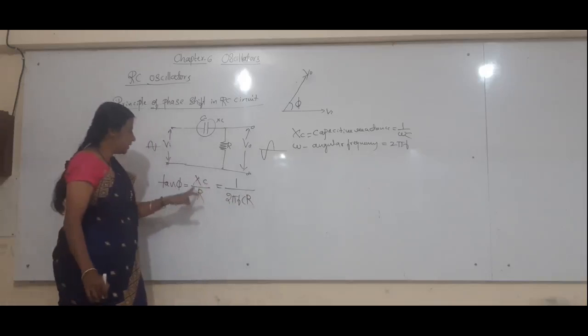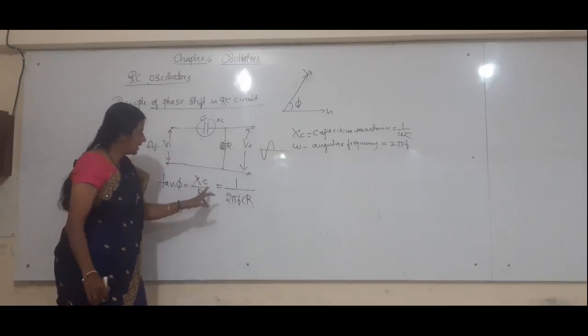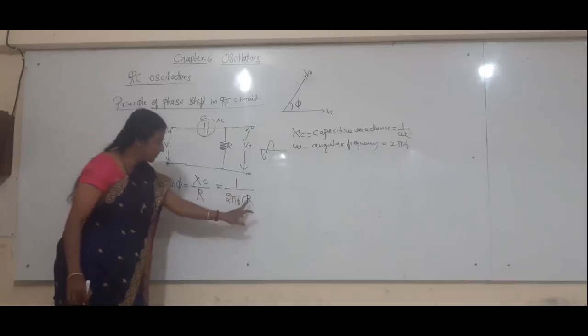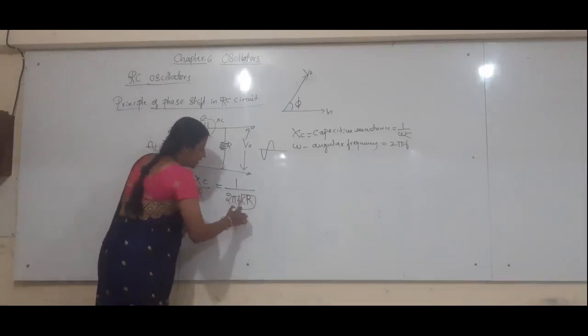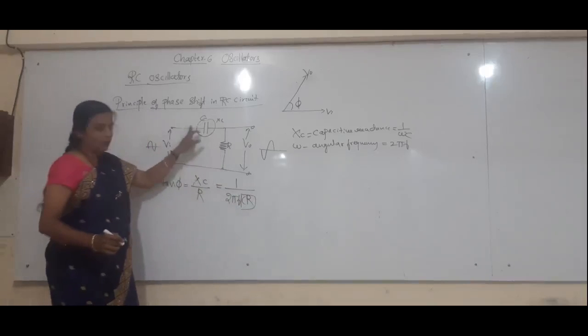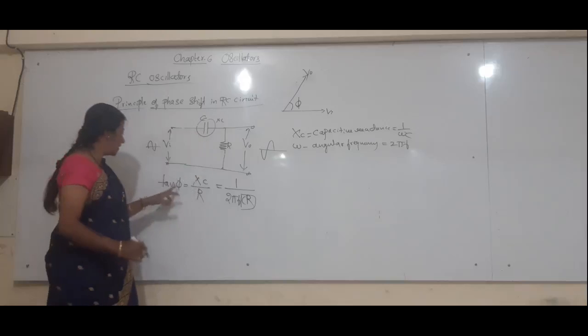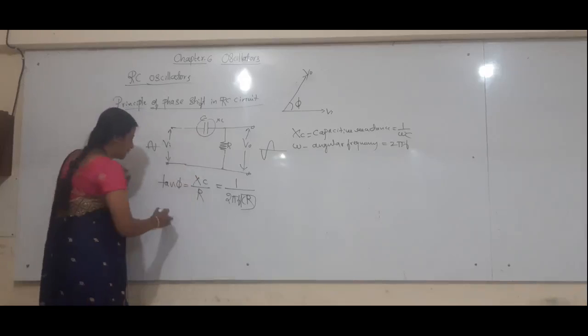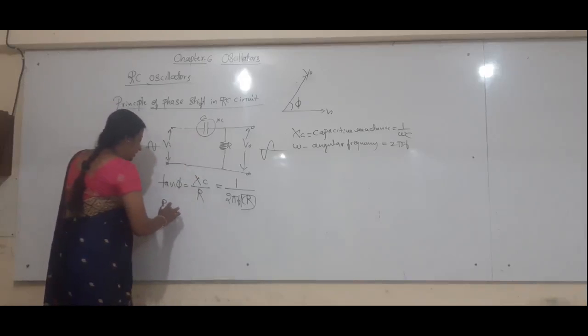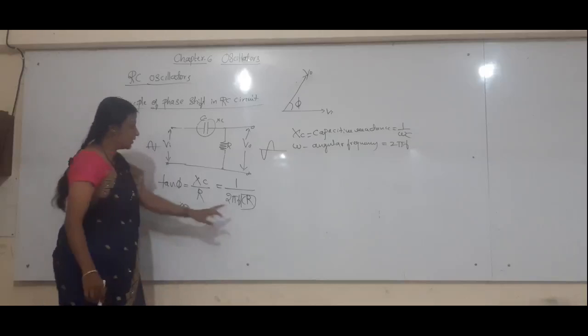Xc is 1 by omega C, so here we get 1 divided by 2 pi f C R. It depends upon the values of your capacitor and resistor that you select, and accordingly the phase angle varies. Suppose the resistance value is infinite.